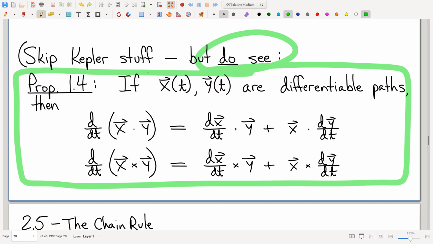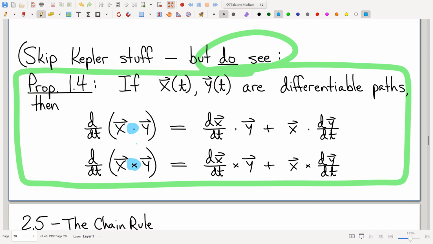So no big surprise. Basically, this is just saying that when you have vector-valued functions, dot product and cross product have corresponding product rules. I don't think it's that surprising. It's also not hard to prove. If you want to prove either one of these, all you got to do is write each of these vector-valued functions in terms of their coordinates.